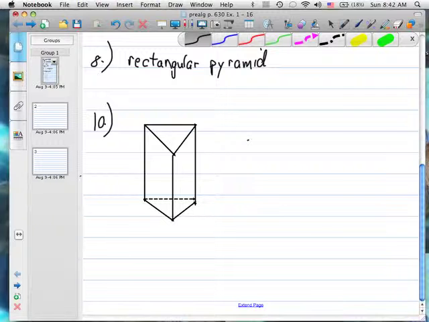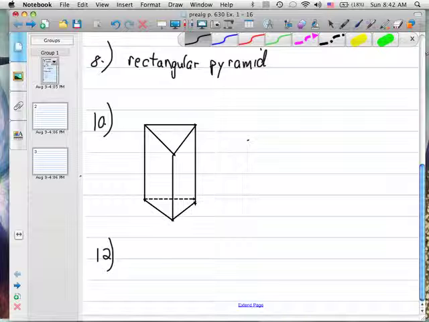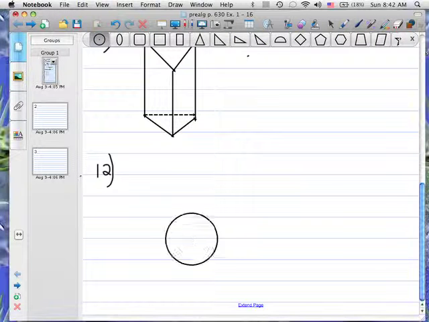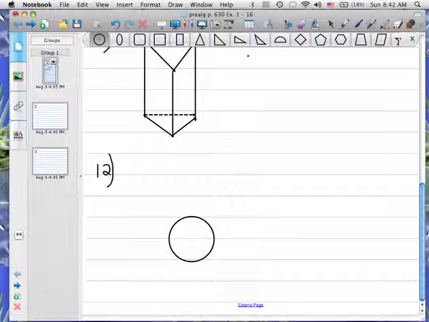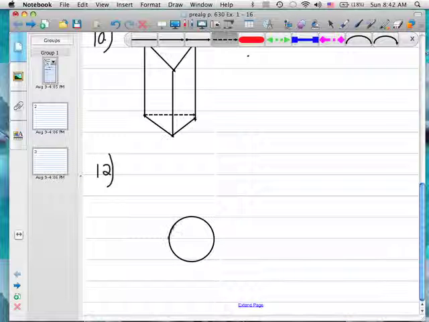Problem number 12, draw a cone. Well, we could start with a circle. And then take lines. That should be solid.